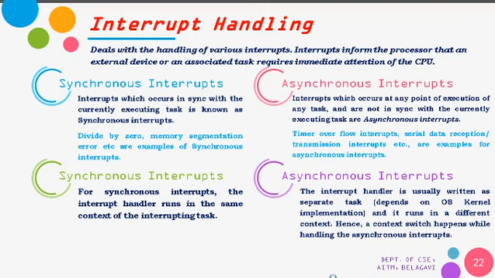The interrupt handler is usually written as a separate task, which depends on the operating system kernel implementation, and it runs in a different context. Hence, a context switch happens while handling asynchronous interrupts.